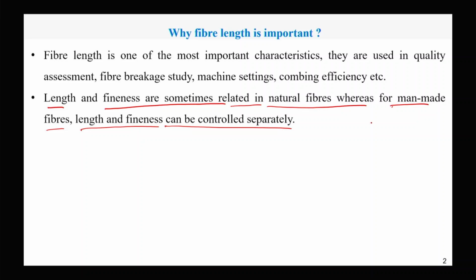For cotton, if we have longer fiber, as it grows naturally, the longer fiber will generally have a little bit higher diameter, thickness will be more. Whereas in case of man-made fiber, we initially get the fiber in continuous form, then we cut the fiber to make it a staple fiber, and that can be controlled.